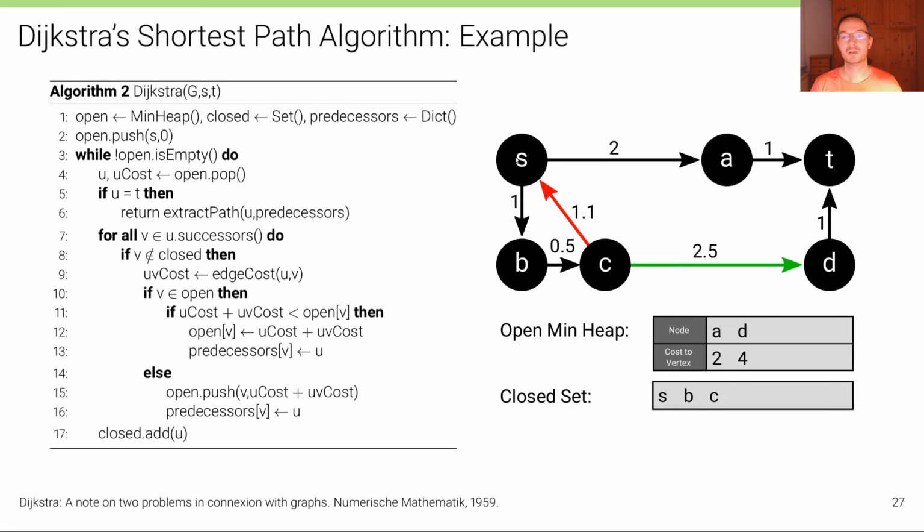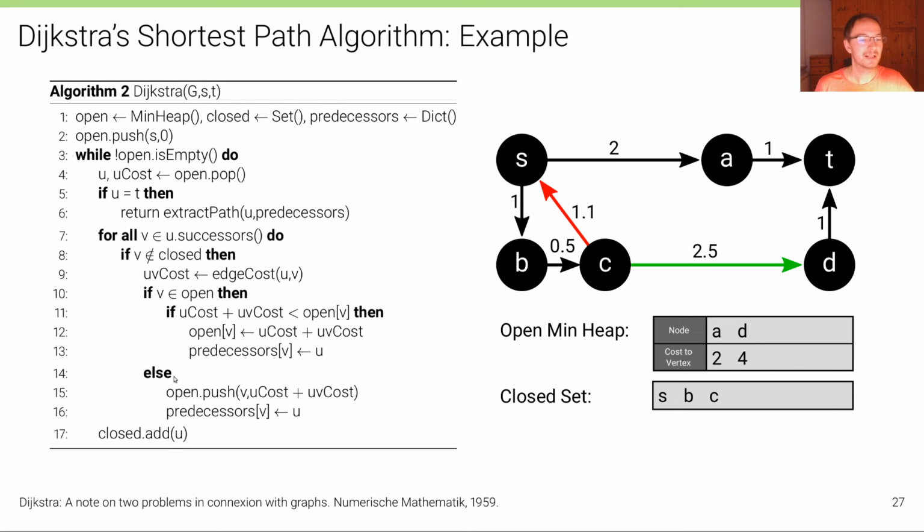We know already there's no other way we can get to S more quickly, because we have started at S. So going to S in 1.5 plus 1.1, which is 2.6, is clearly not as fast as starting at S directly. This is why this edge here is colored red, and we're not going to add S again to the open min heap. It's already closed.